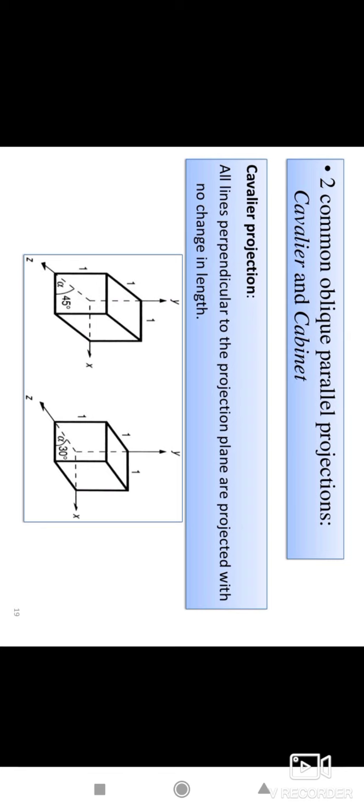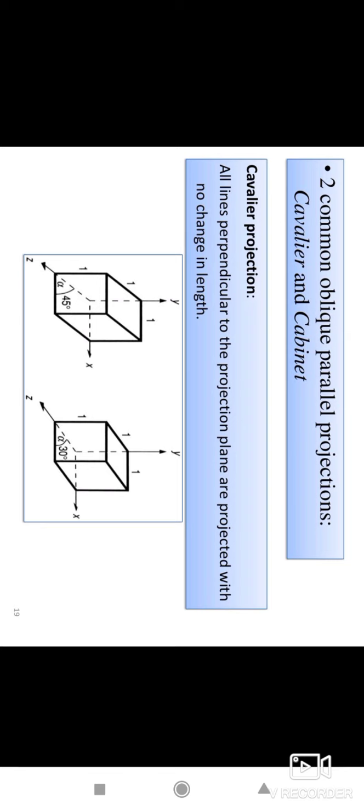The Cavalier projection produces an angle alpha such that tan alpha is equal to 1, that is, an angle of 45 degrees. So the two common oblique parallel projections are Cavalier and cabinet projections.